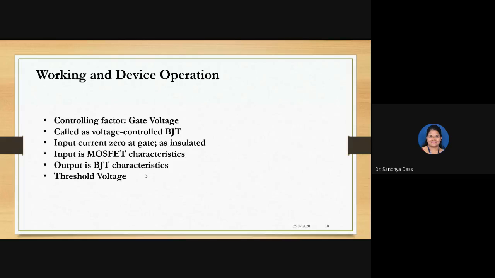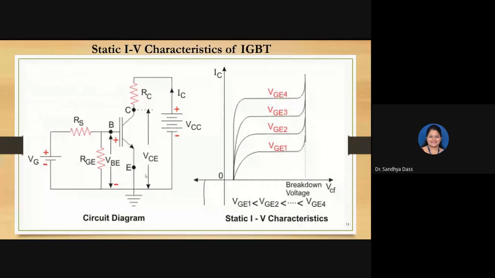Coming to the characteristics of IGBT, that is the static VI characteristics. The figure shows the typical VI characteristics of an N-channel IGBT along with the circuit diagram, with the parameters marked there.